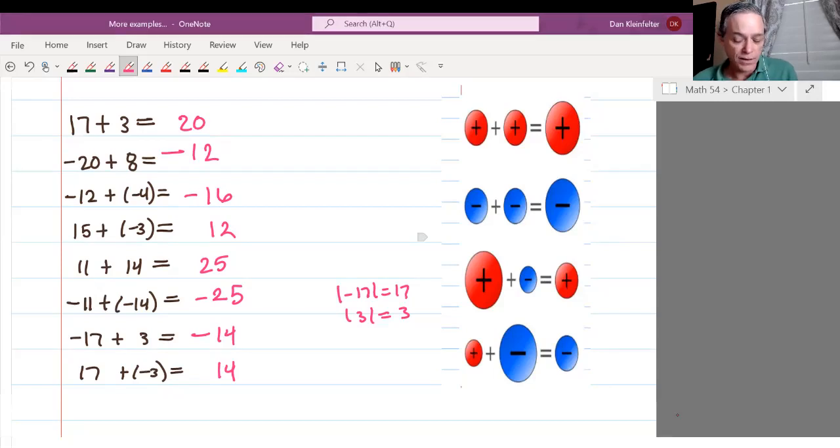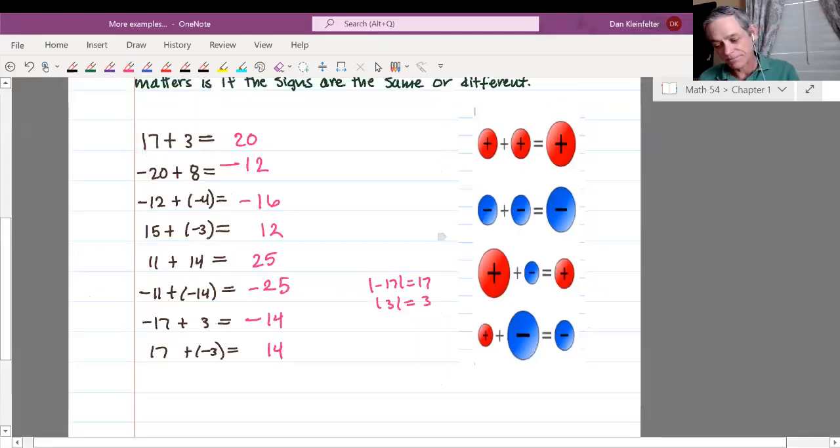Then the ones that are a little bit trickier, if we have a bigger positive number, and when I say bigger here, I mean in terms of absolute value, and a smaller negative number, adding them together, we'll get an answer that's positive, but less so. Adding a small positive and a big negative, we'll end up with a number that's negative, but less negative. Okay?